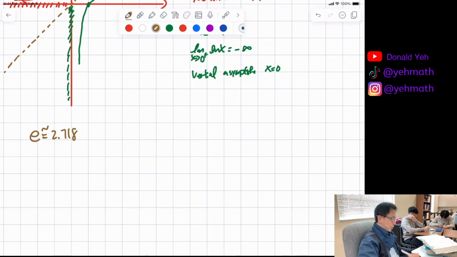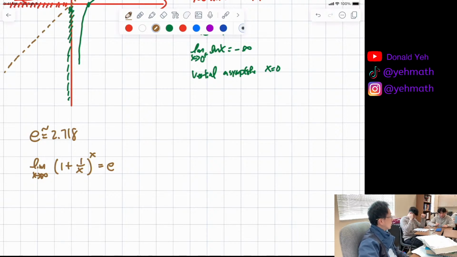You don't know this one, but I'm going to write it down for you. The limit as x approaches infinity of (1 plus 1 over x) to the x is the value of e. Do you guys remember the bank situation?